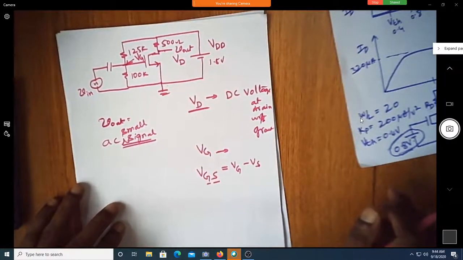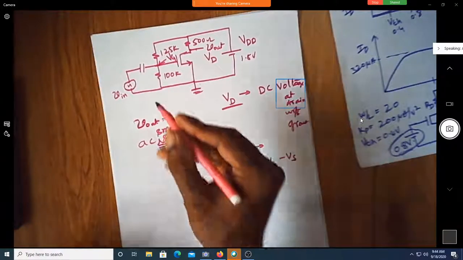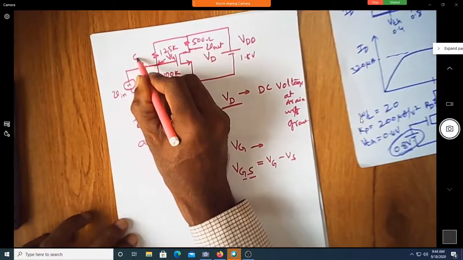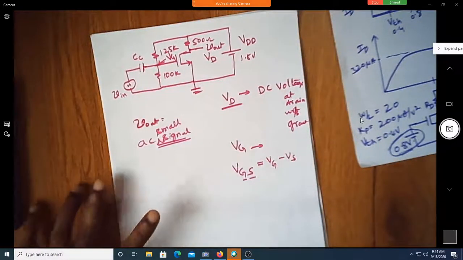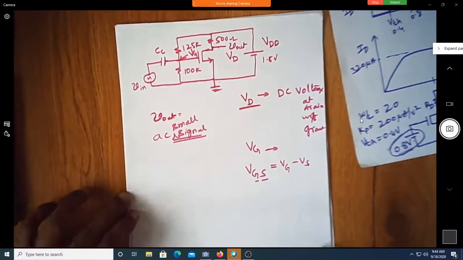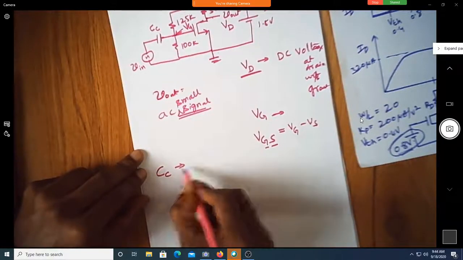Now, what is the purpose of this capacitor? I'll call it CC. There is a specific reason why we call it CC, and not CD or CS. CC stands for coupling capacitor.